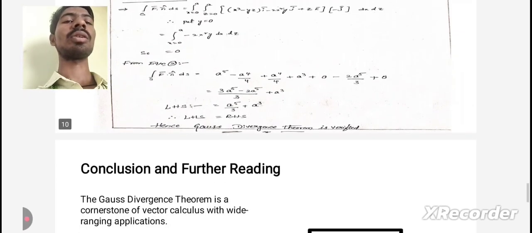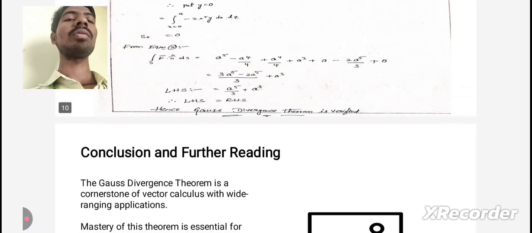After substituting limits, S5 surface is minus 2a power 5 by 3. For S6 surface, the integral over S of F bar dot n bar cap dS equals the integral x equal to 0 to a, z equal to 0 to a of (x cube minus yz) i bar minus 2x square y j bar plus z k bar dot minus j bar dx dz. Put y equal to 0. Then S6 surface is equal to 0.